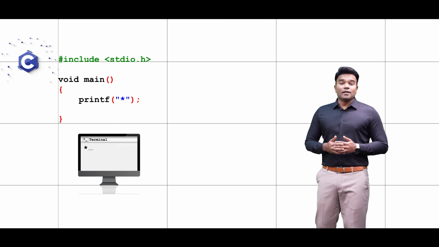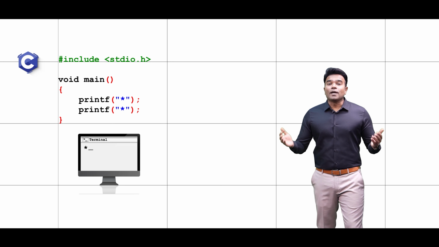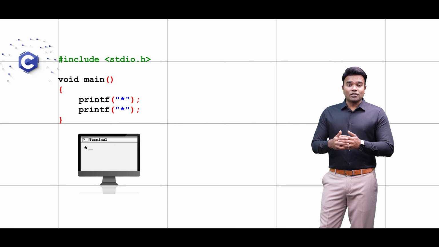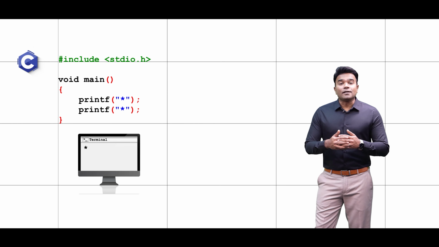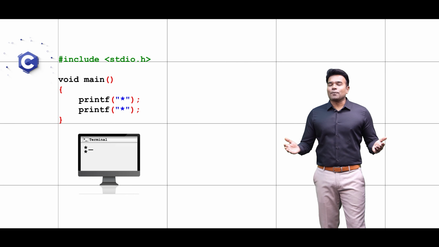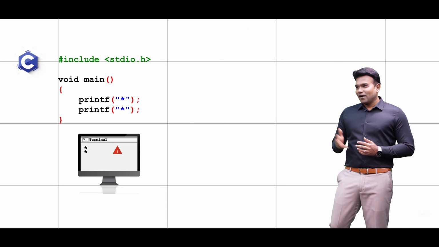Now, say I have one more printf command like this. You might have written the second printf command below the previous line, and you might be expecting that because you have written it below the previous line, the star also gets printed below the previous star on the output screen. But it shall not happen.